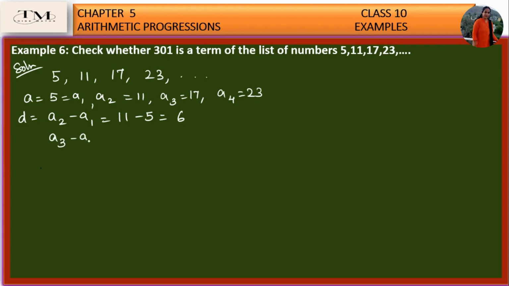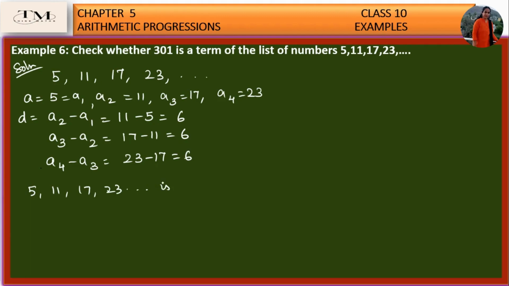A3 minus A2 is 17 minus 11, which is also 6. A4 minus A3, it is 23 minus 17, which is also 6. So the given list 5, 11, 17, 23 is an AP. Now we have to check whether 301 is a term.